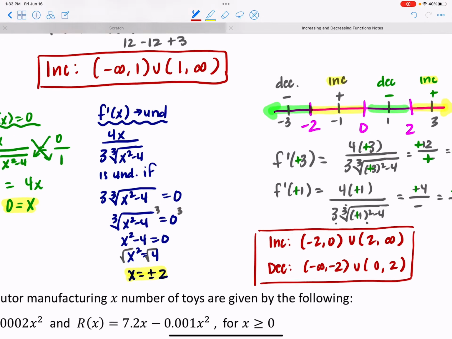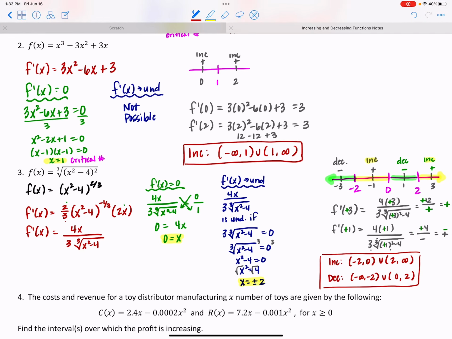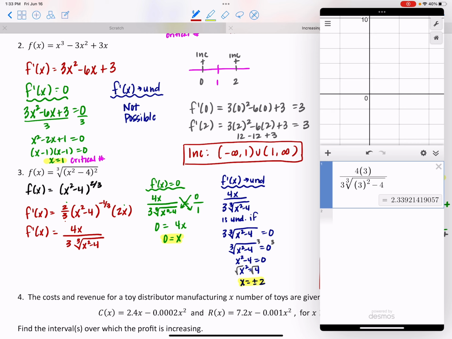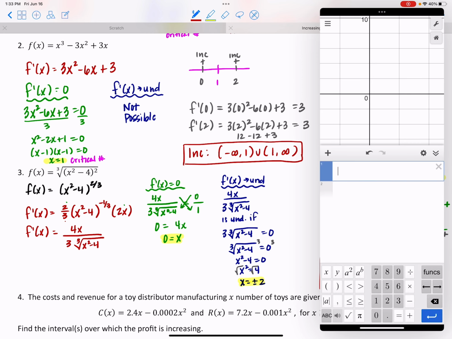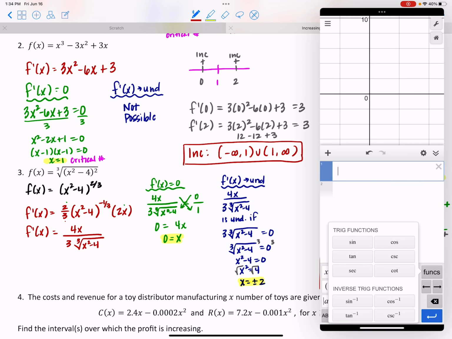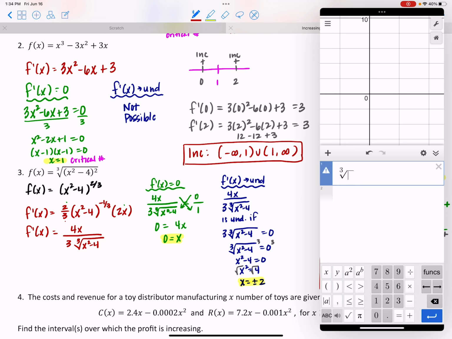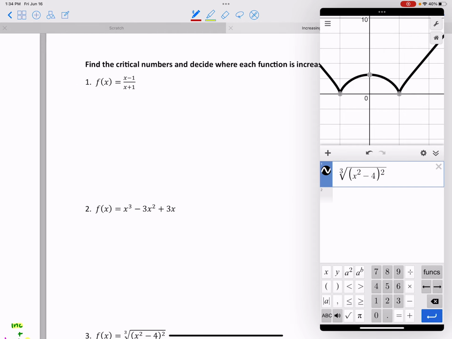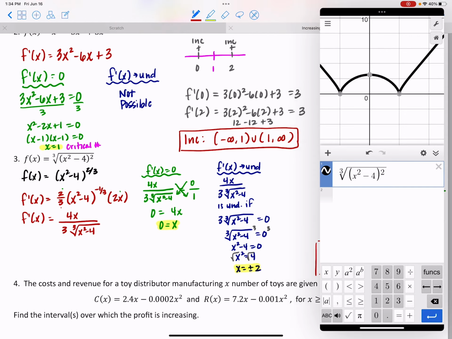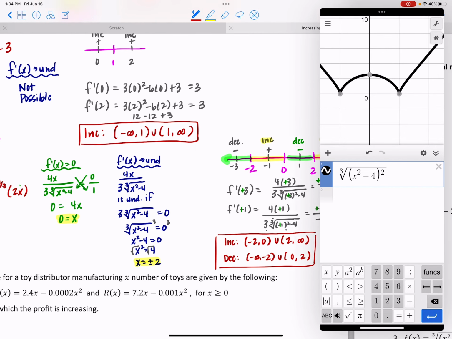So this increasing and decreasing behavior is in reference to our original function. Let's go ahead and put that original function in. The cube root, I guess I shouldn't have deleted what I had there. So the cube root of x squared minus 4, and that was all squared. So here's our original function, and we said critical numbers were happening at negative 2, 0, and 2.